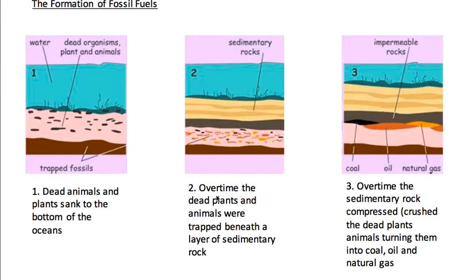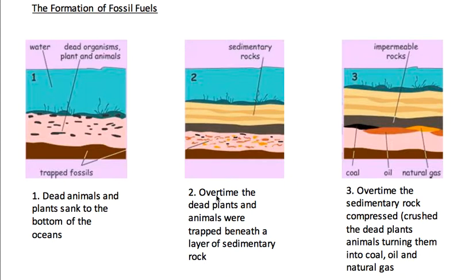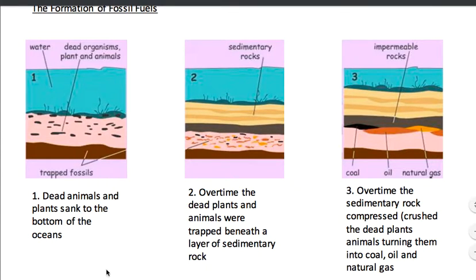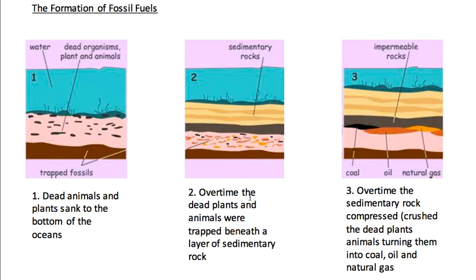Now, there are 3 stages in the formation of fossil fuels. Stage 1, we're looking at the first picture now. Dead animals and plants sink to the bottom of oceans. Stage 2. Over time, the dead animals and plants were trapped beneath a layer of sedimentary rock.